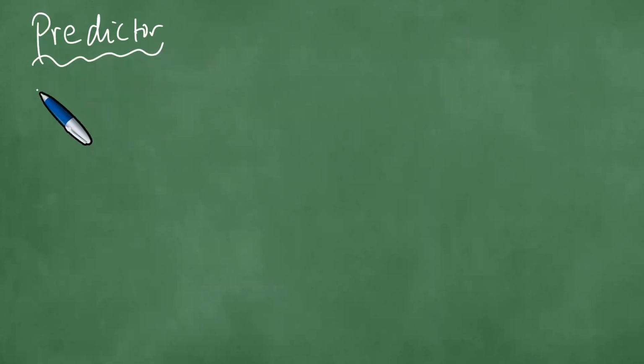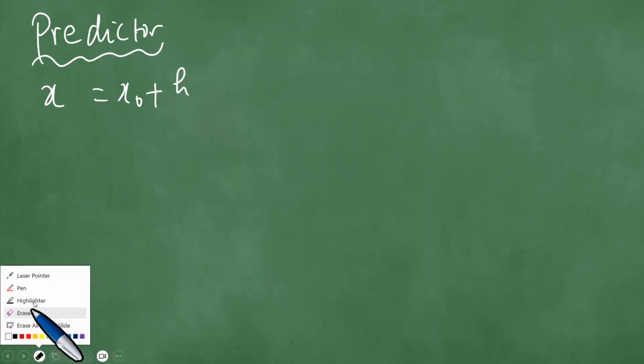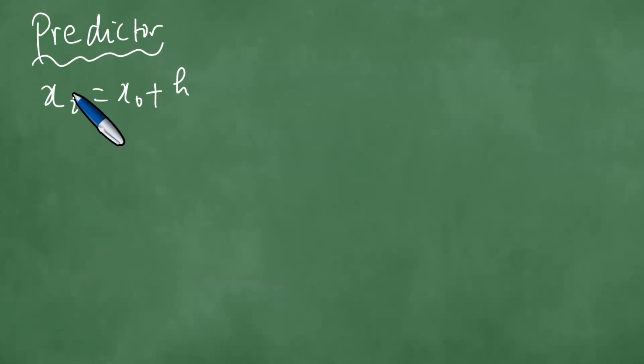Right. So the predictor, we first do x4. What is x4? Like we said already, it is always x0 plus h times i.